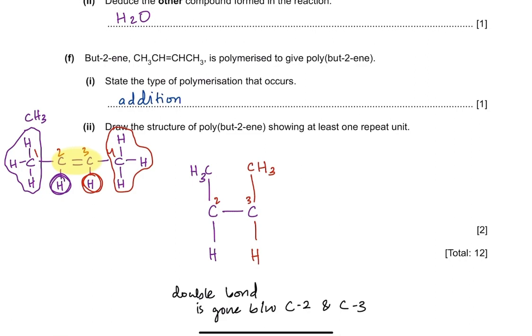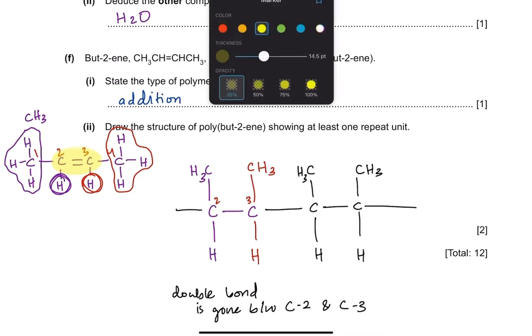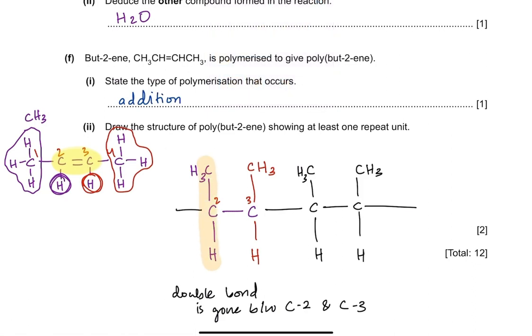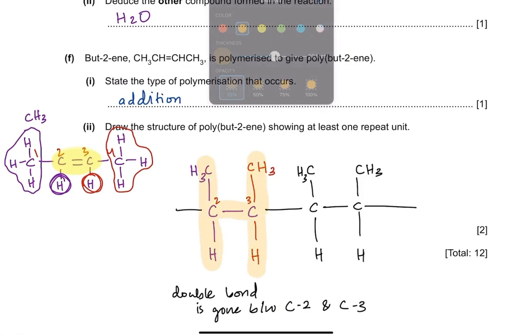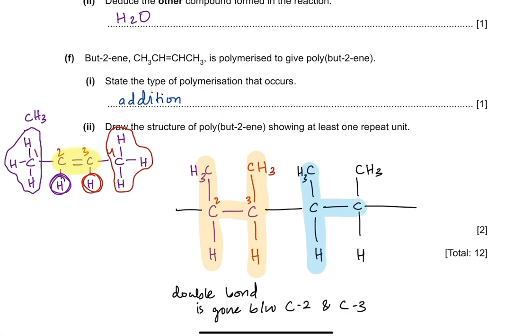You can copy this structure to make 2 monomer repeat units like this, and this is your polymer. This is your first unit, and this would be your second unit, and there are so many units that can go on.